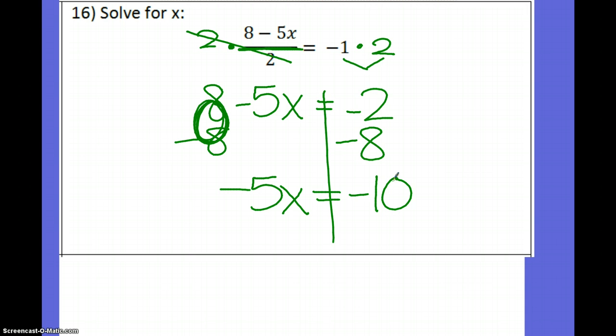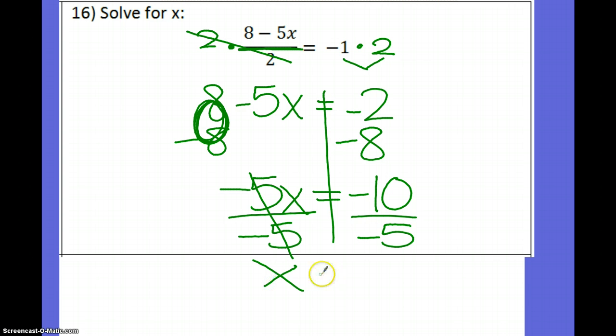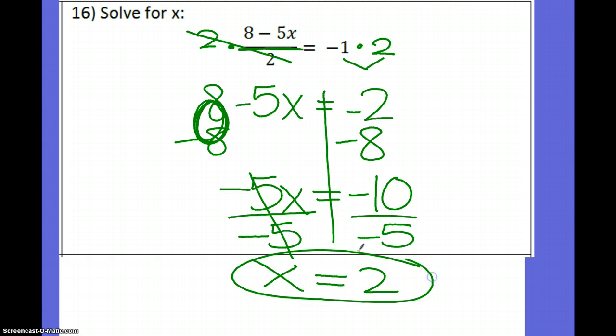And to get rid of negative 5, those are multiplying because they're right next to each other, so we divide it out. Even though we're dividing by a negative, this is an equation, not an inequality. So you don't need to flip a sign, it's just an equal sign still. Negative 10 over negative 5 is just 2, and that's x.